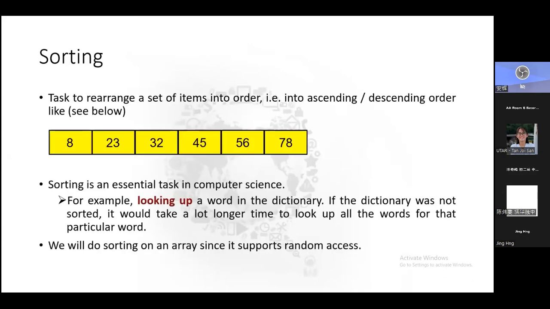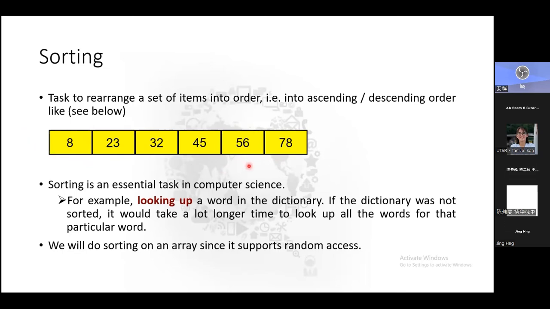First thing you need to know is why do we need to know about sorting? Sorting is basically to arrange a set of items into order, either ascending or descending order, like what we see over here. Let's say this is a set of arrays.